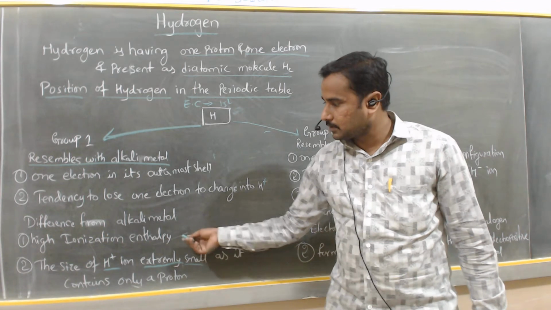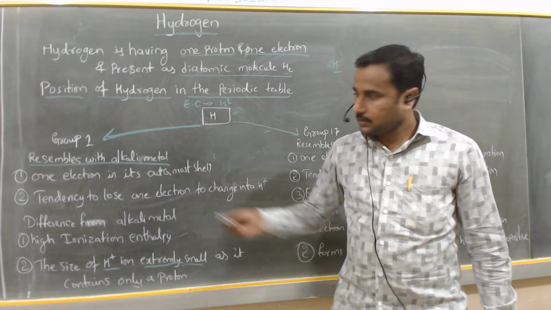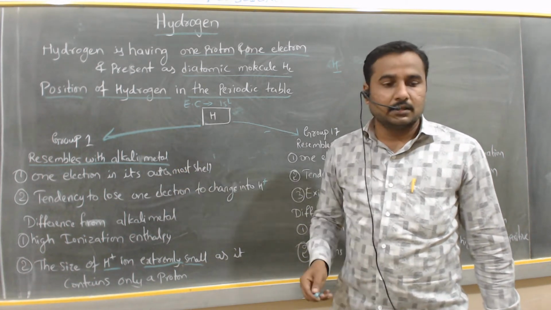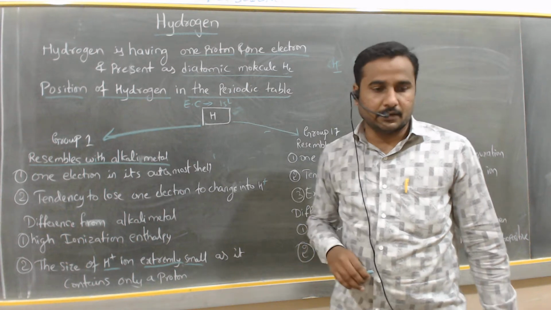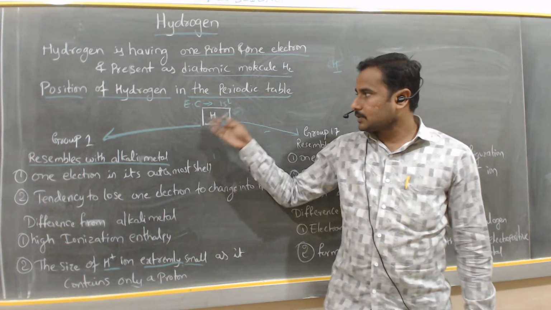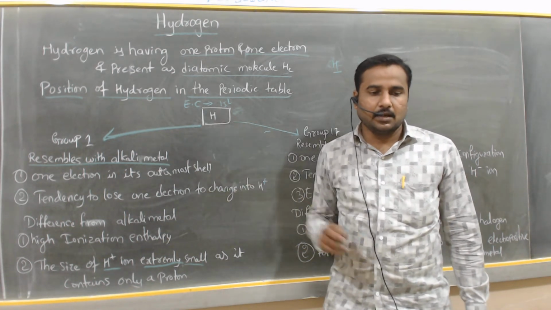These are the 2 points of difference between the alkali metals and hydrogen. The other 2 points show the resemblance. So we have concluded that the group 1 elements have similarity with hydrogen.